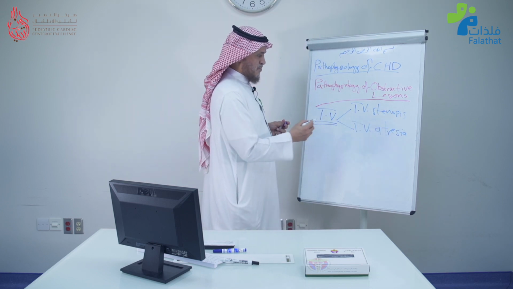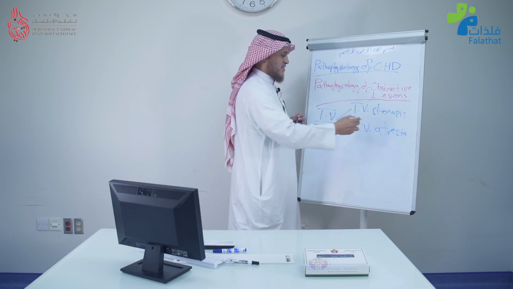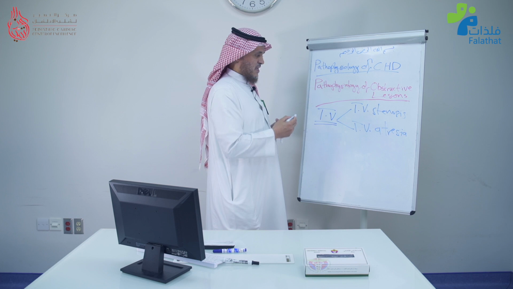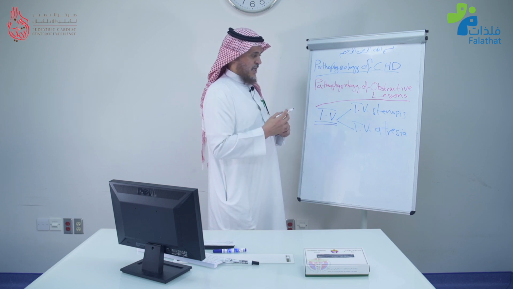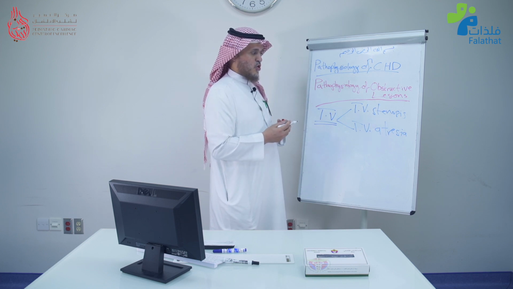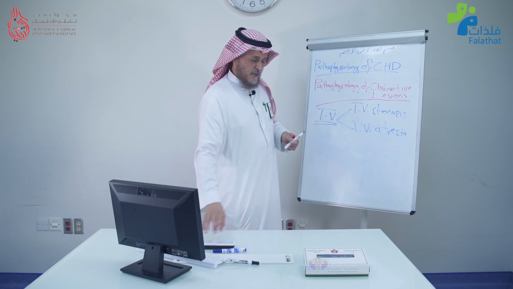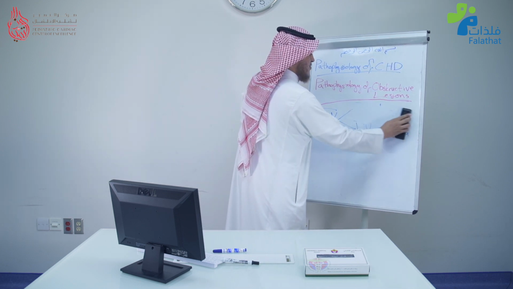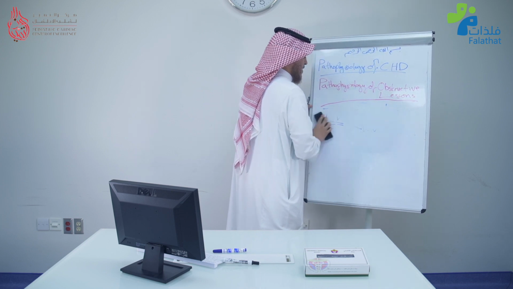I will concentrate mainly on tricuspid valve stenosis, as tricuspid valve atresia is part of the cyanotic congenital heart disease, and it's a different, more complex lesion. So let's talk now about tricuspid valve stenosis.